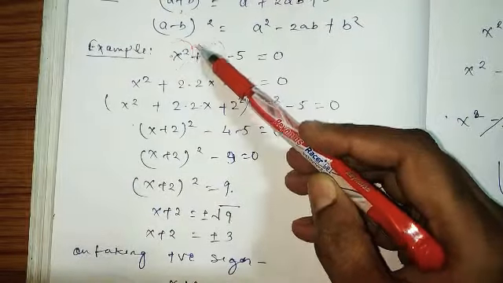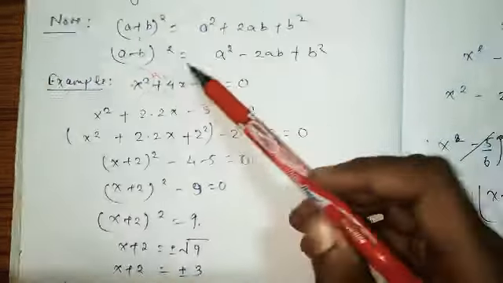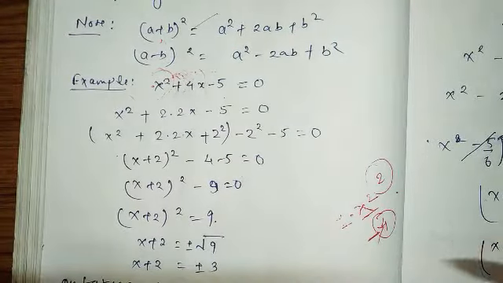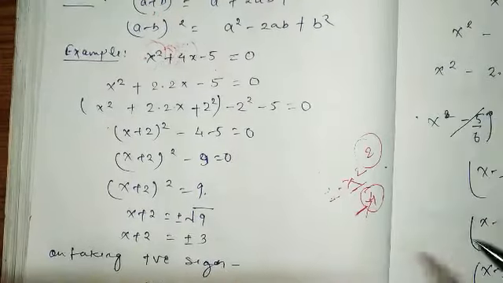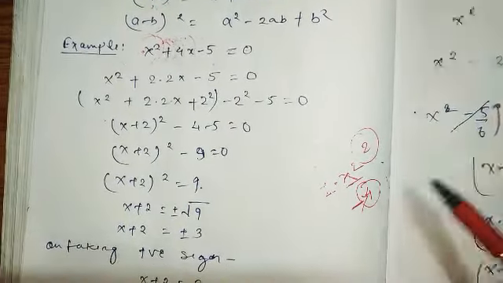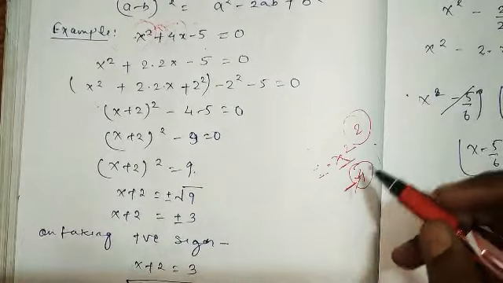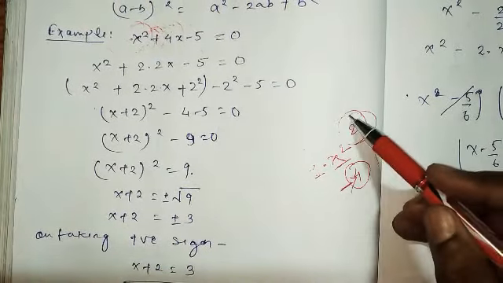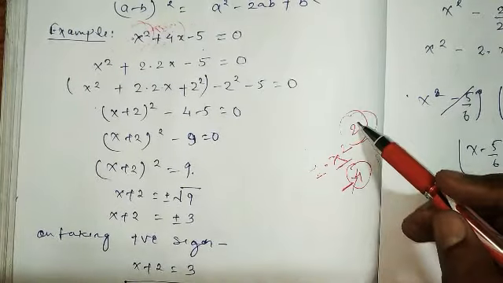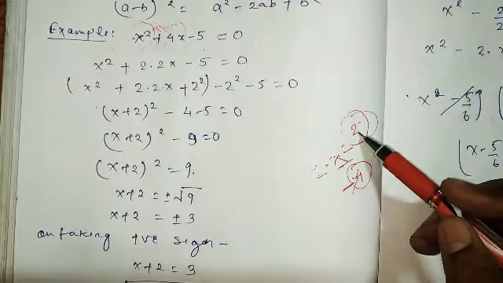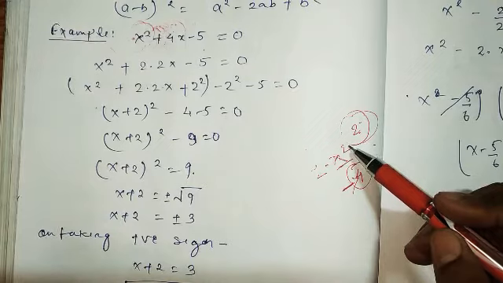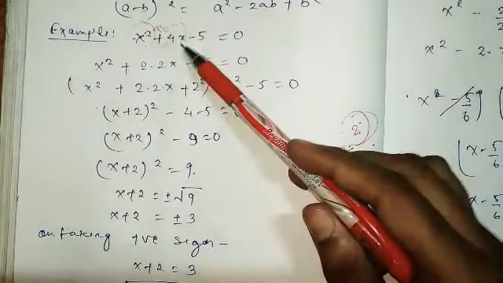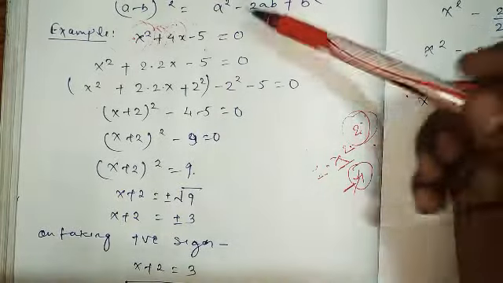This is plus, so I know that the formula will be a plus b whole square. So now what you have to do is separate the number 2, which is a factor of number 4, from that middle term.